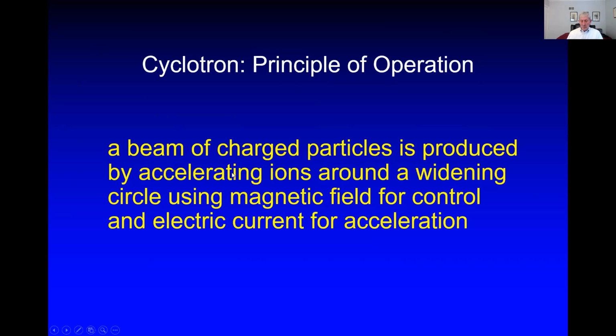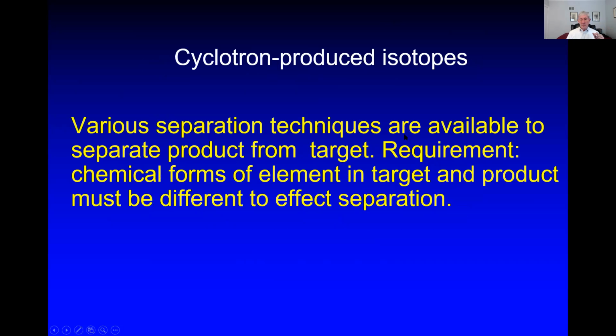And so that helps to accelerate the particles. And we're using a magnetic field to keep them in pretty much circular motion. And as we ramp up the electrical current, that makes the particles more and more energetic. And when they finally reach the desired energy, then we let those particles come out of a port, and the beam aims at the target, and creates the product.